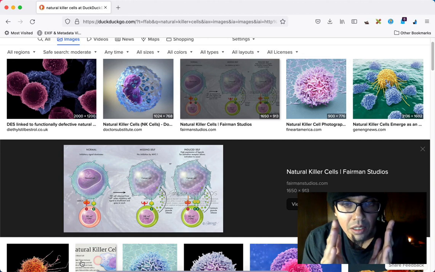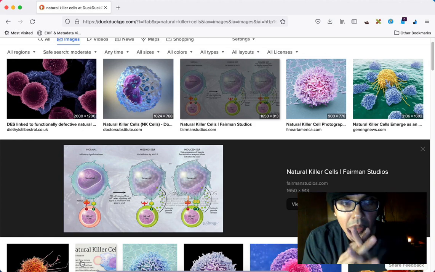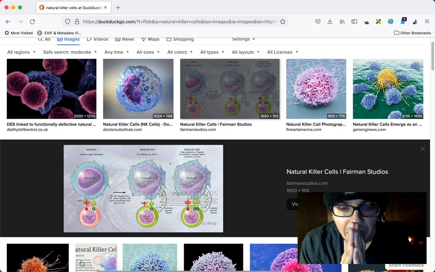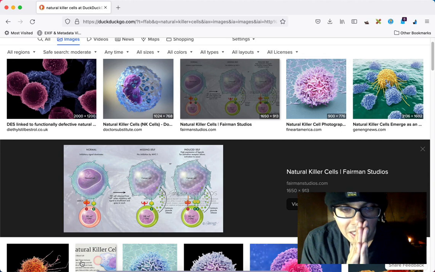For example, if the cells travel through your bloodstream and happen to run into a virulent cell, they will then attack that cell. They're kind of like patrolling guards or border patrol, right? So these natural killer cells can be thought of in that way.